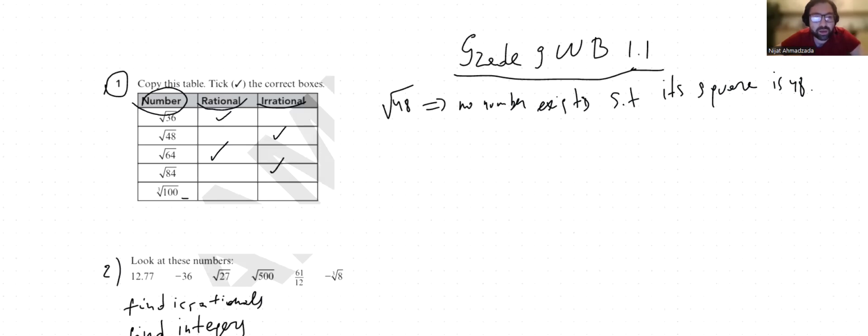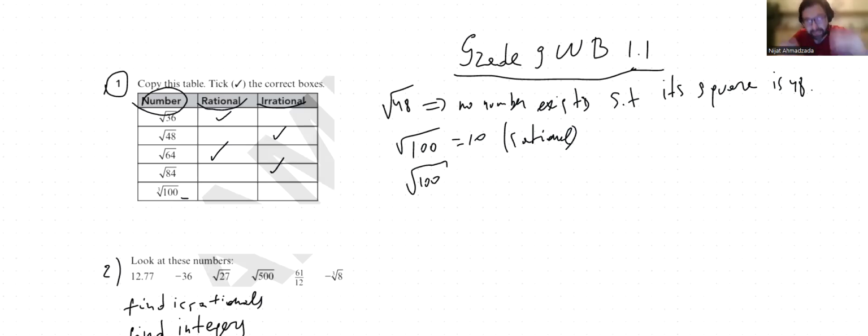Cube root of 100. If that would be square root of 100, we know that that's equal to 10, so it's rational. But cube root of 100 doesn't exist. Well, it does exist.